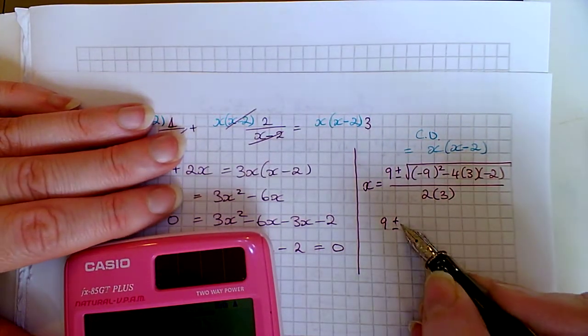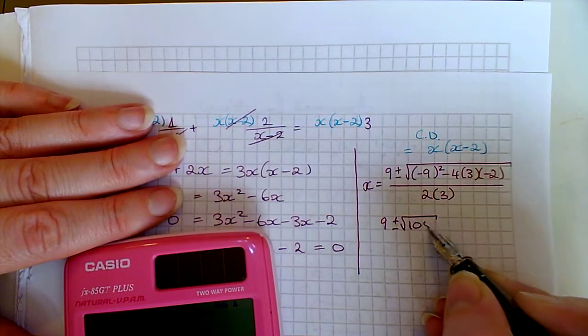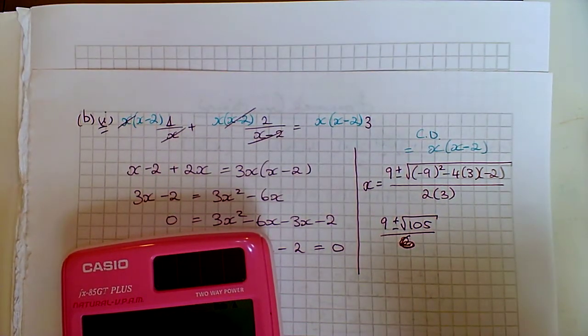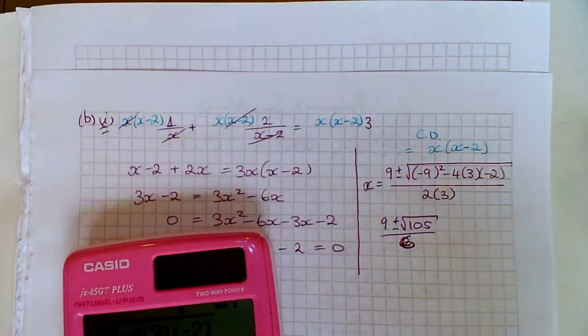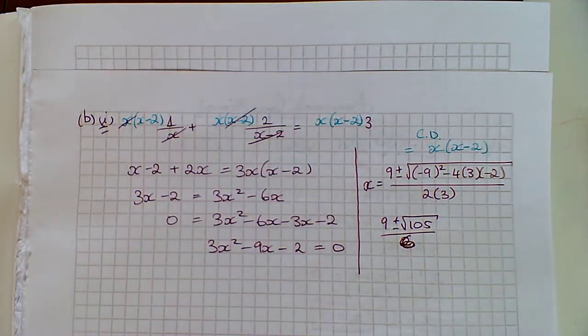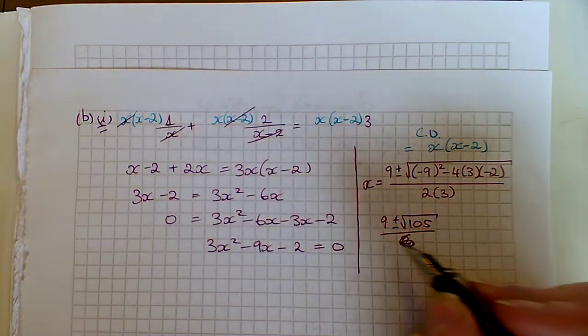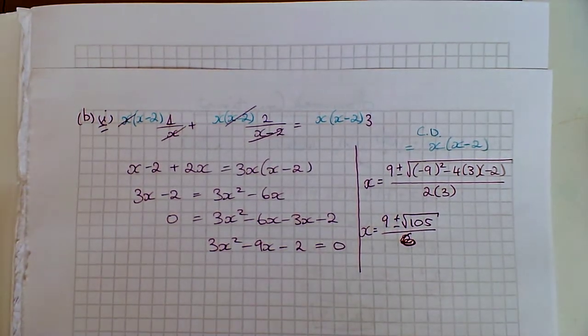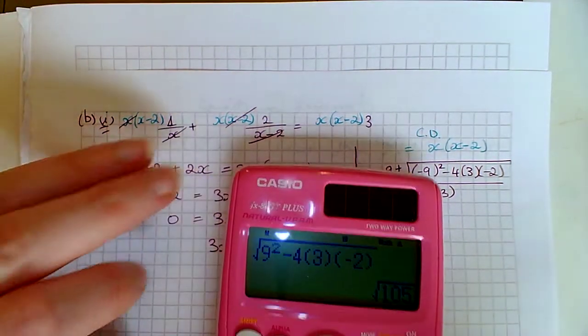So this one wouldn't have factorized anyway, all over 6. And they didn't say to leave our answer in surd form or to put it to a number of decimal places. So actually, I would accept that for full marks once you type it into your calculator and simplify it.